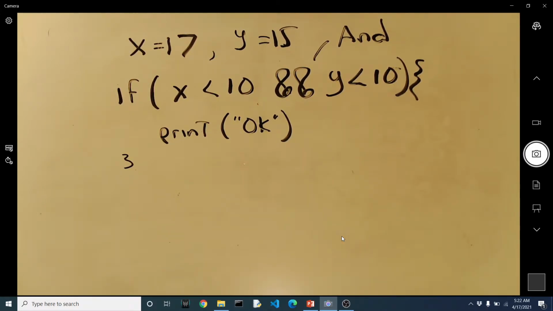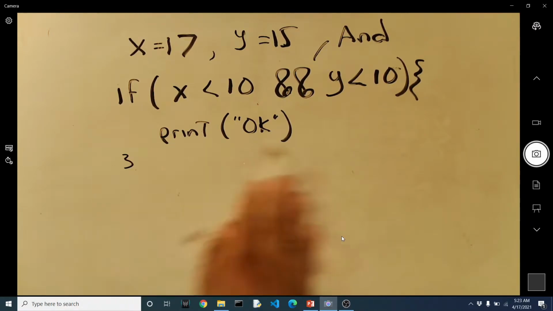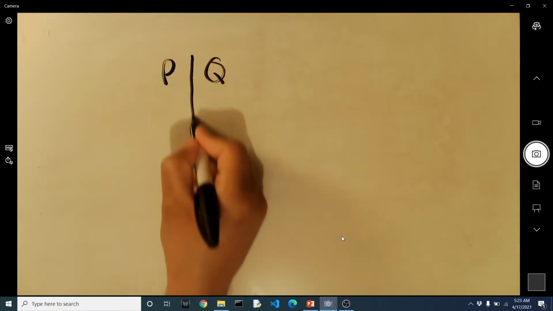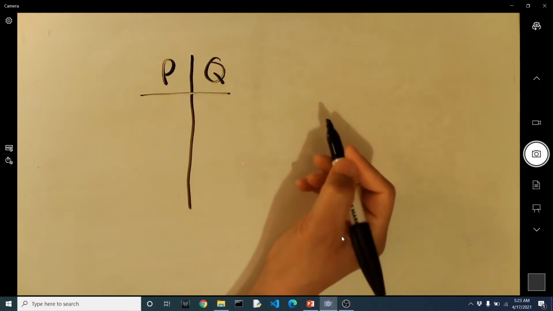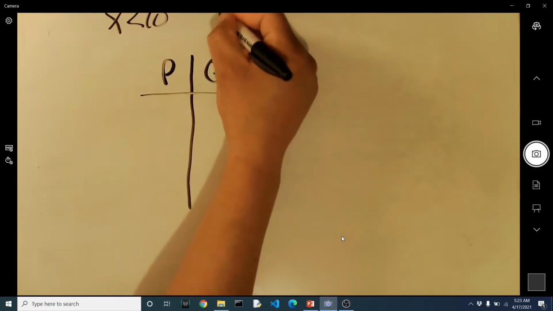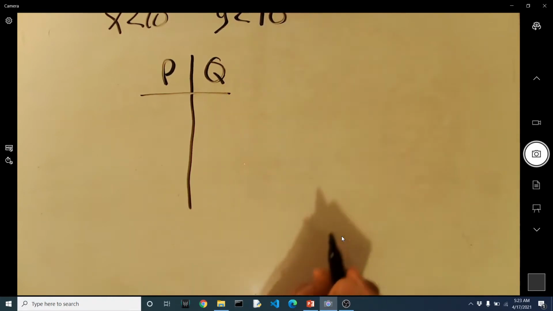So notice I really didn't discuss the actual mechanics of the and operator. We kind of just intuitively knew when it should happen. Now I'm going to go to the more traditional logic type explanation of this, and hopefully it doesn't scare you, which is the idea of using P's and Q's. So I want you to think of these scenarios, the P as being the x less than 10, and then the Q being the y less than 10.